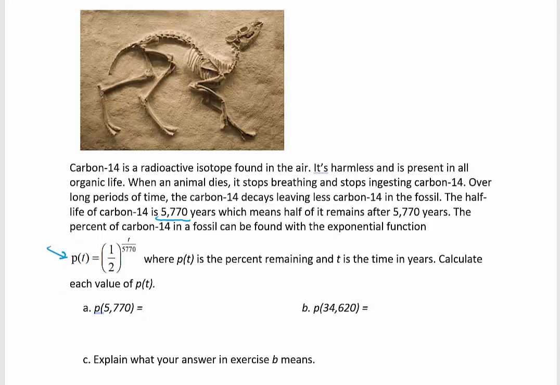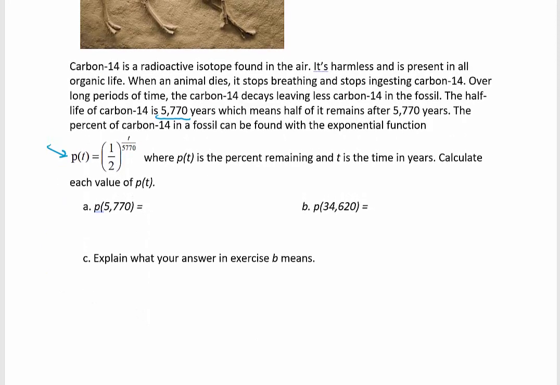So let's go ahead now and take a look. Let's calculate the age of a fossil if 5,770 is the time that we're looking at. So we're going to take 1/2 and raise it to the power of 5,770 divided by 5,770.